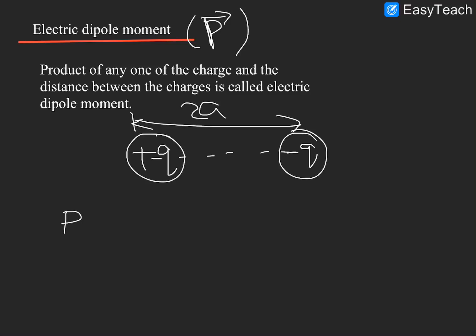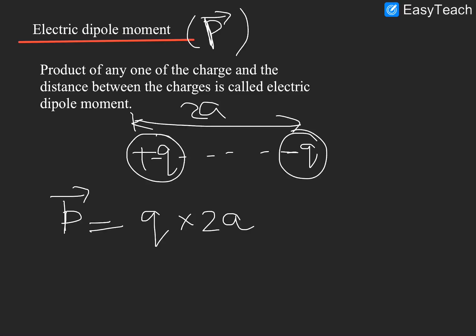So electric dipole moment vector p is defined as the product of any one of the charge. Two charges are there, plus q and minus q. Sign is plus or minus, but magnitude is q, multiplied by the distance between the charges. What is the distance between the two charges? It is 2a. So this is the equation for electric dipole moment, q into 2a.